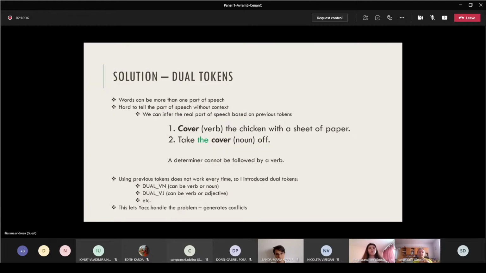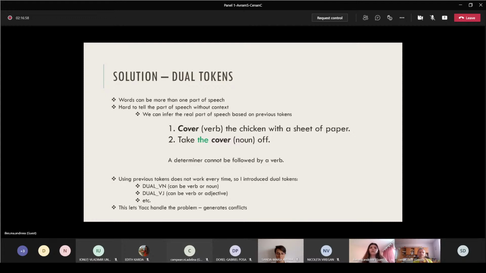There was also the problem of words that could be different parts of speech. For example, here is "covered," which could be cover as a verb or cover as a noun, and I noticed some patterns where I could use the previous tokens in determining if it's actually a noun, a verb, or, in the case of a word that can be a verb or adjective, an adjective, and so on.